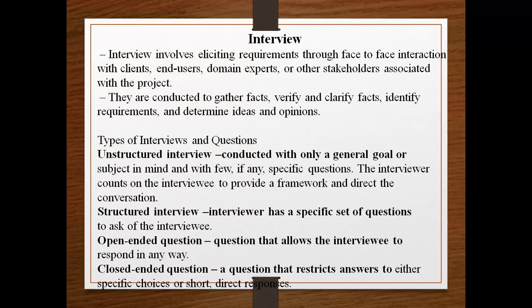The next is structured, where your interviewer will have a specific set of questions to ask the interviewee. Next are open-ended questions: questions that allow the interviewee to respond in any way. So there is no structured way of response. Close-ended: a question that restricts the answer to a specific choice or a short, direct response, like yes or no, or female or male.